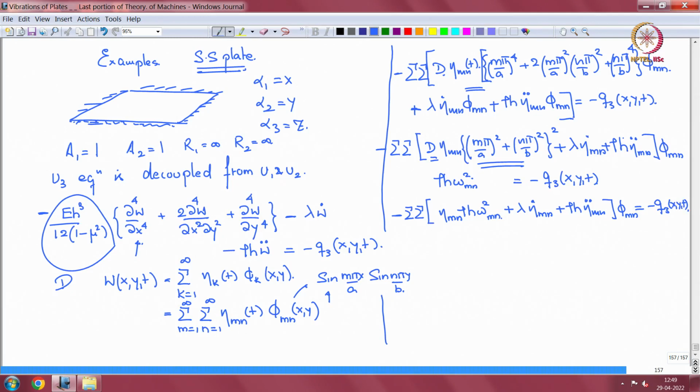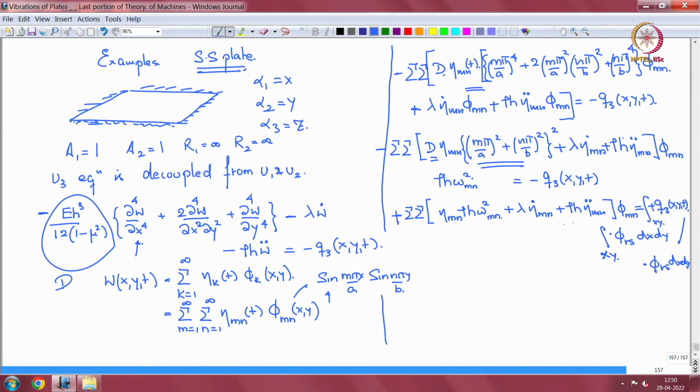And so now we multiply this by phi rs and integrate over the plate, let's say xy dx dy, and do the same on the right hand side, multiplied by phi rs dx dy and integrate over xy. Okay, then what do we get? We get, and I change the sign now.